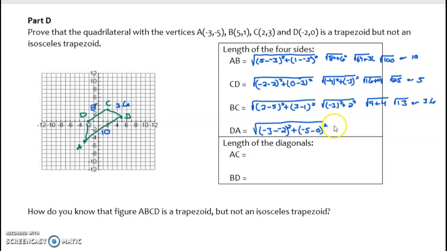So we got -3 plus 2, which is the same thing as -1 squared, plus -5 minus 0 is -5. So you've got -1 times -1 is 1, plus -5 times -5 is positive 25. So now we're at the square root of 26, which is just a little over 5, and that is 5.1.